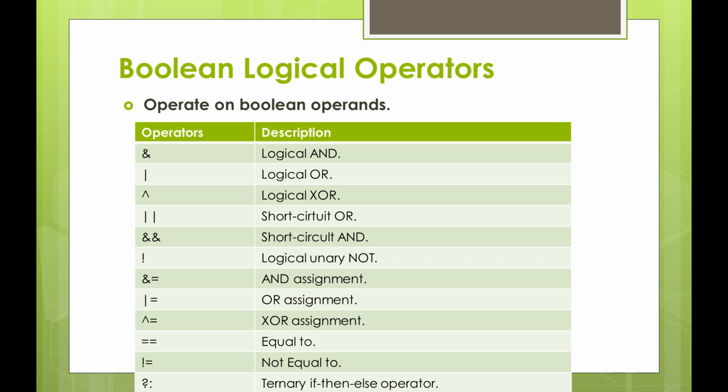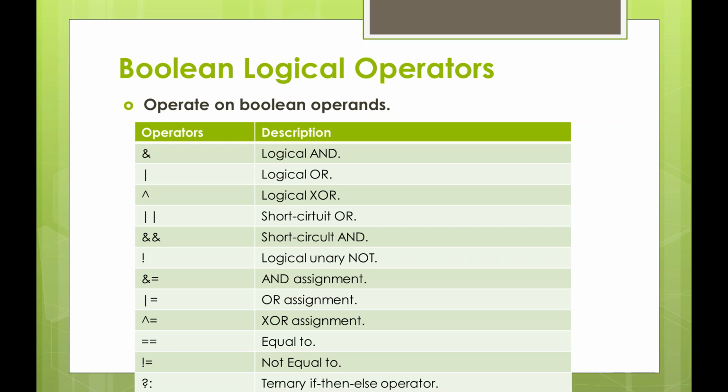So next we'll move on to logical operators. We call them Boolean logical operators because the result will always be Boolean. These operators operate on Boolean operands, that is, operands that result in either true or false.